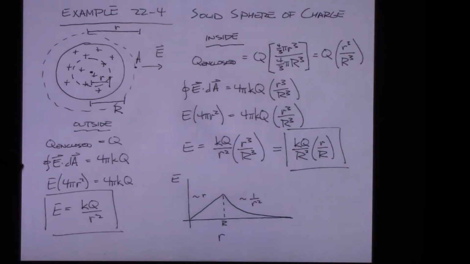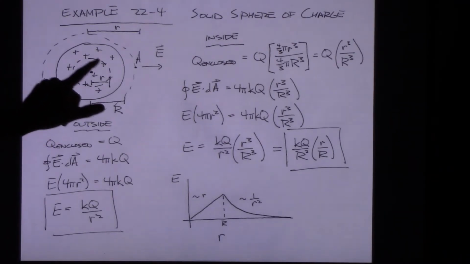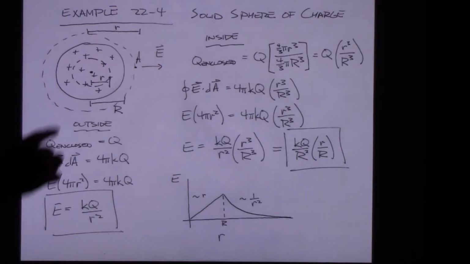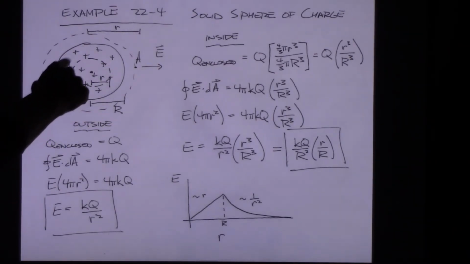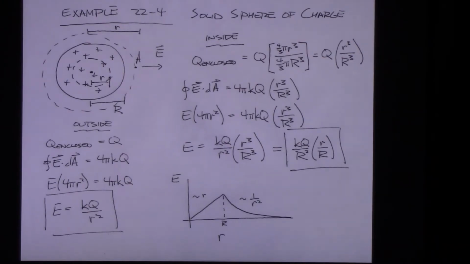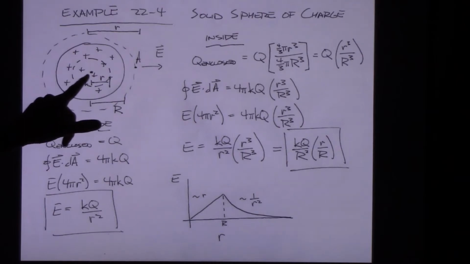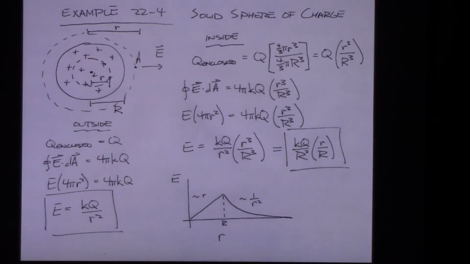Now remember, the way Gauss's law works, I have to find the enclosed charge. So Gauss's law says this: if I pick a Gaussian surface inside this region, the charge that's outside of that Gaussian surface will exactly cancel at any location inside here. So I can ignore it.